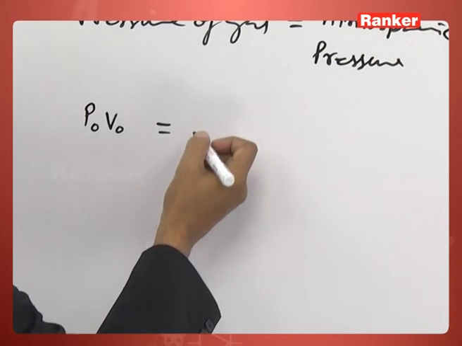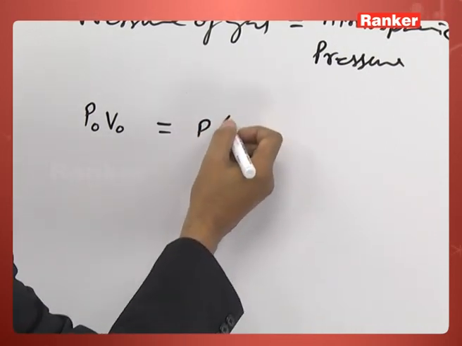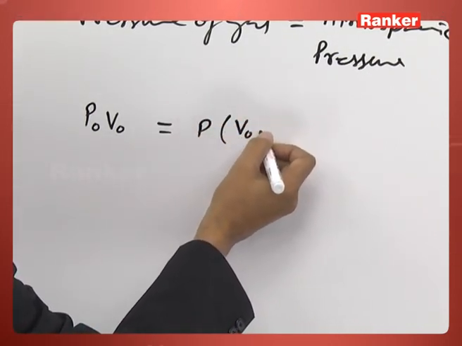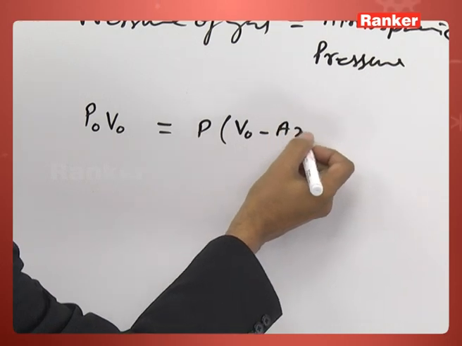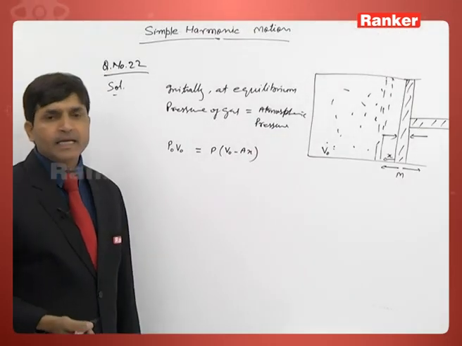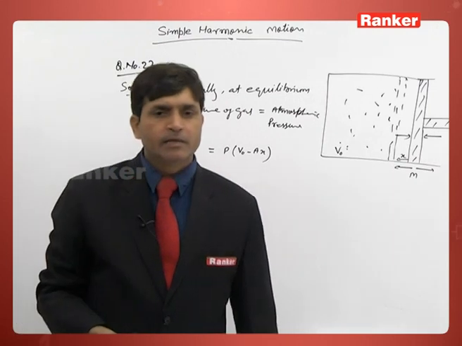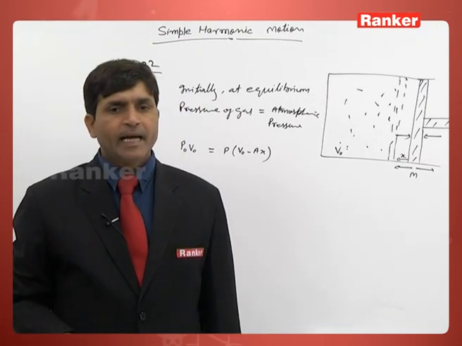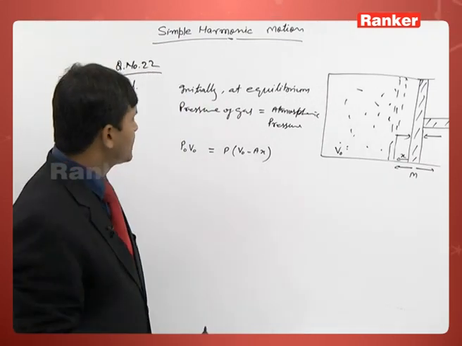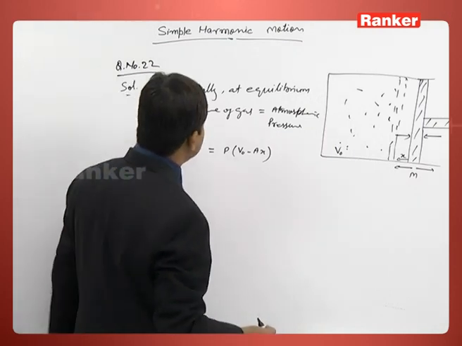Now the pressure changes, and the volume becomes V naught minus A into x, where A is the cross sectional area of the piston and x is the displacement here. So this is the condition here.